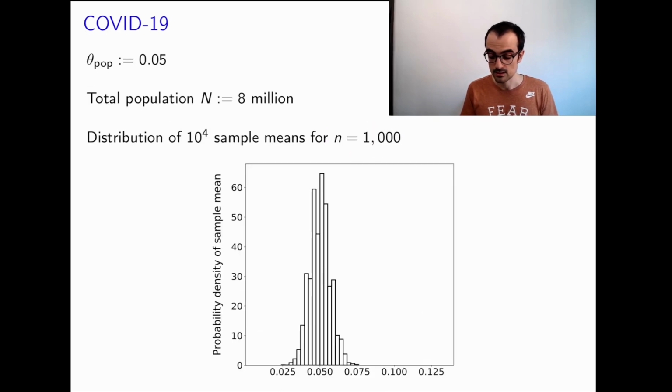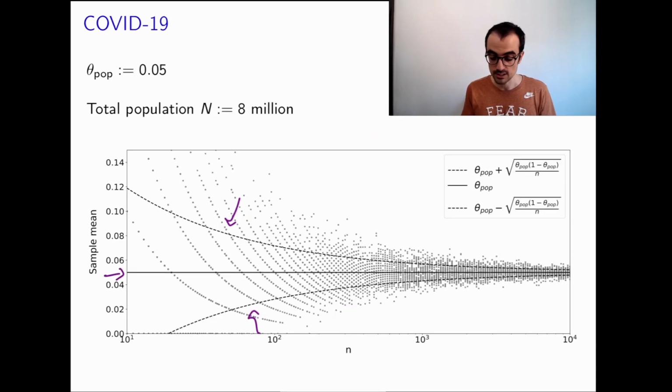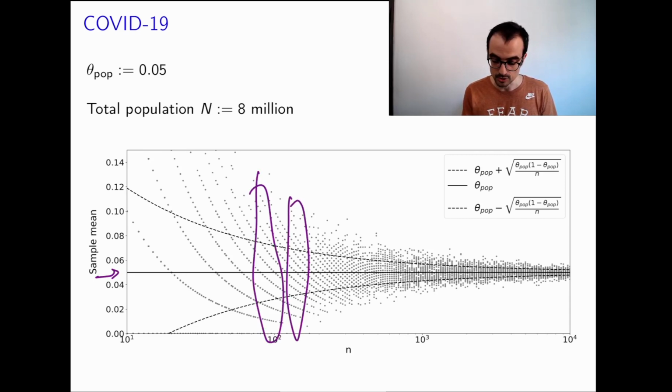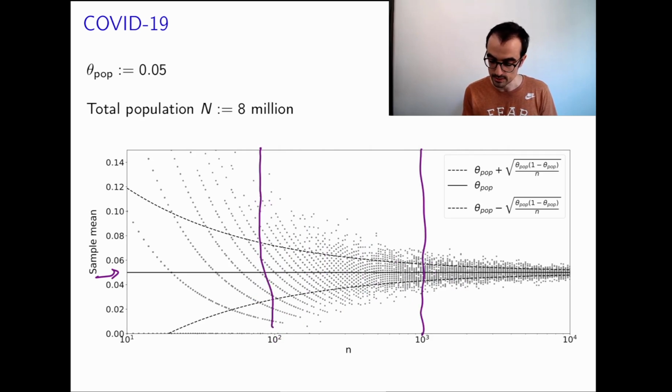So now let's go back to our case where we were estimating the proportion. Maybe let me erase this and start from the beginning. Here we have the true proportion that we want to estimate. For every n, I'm putting a scatter plot of points of sample means, and we see that they concentrate. Before I showed you 100, 1,000, and 10,000, the distributions that I actually showed you in detail.